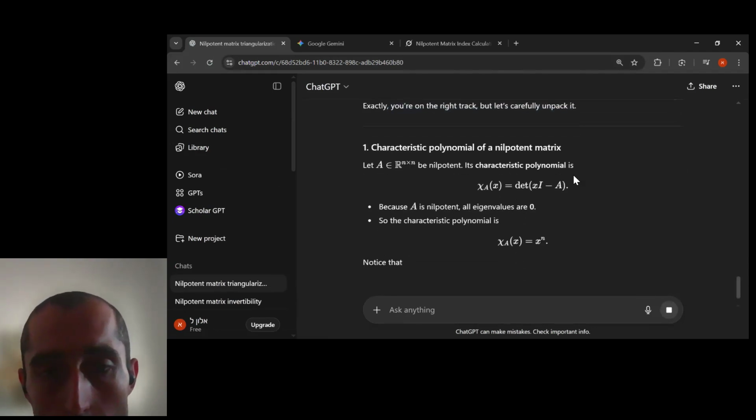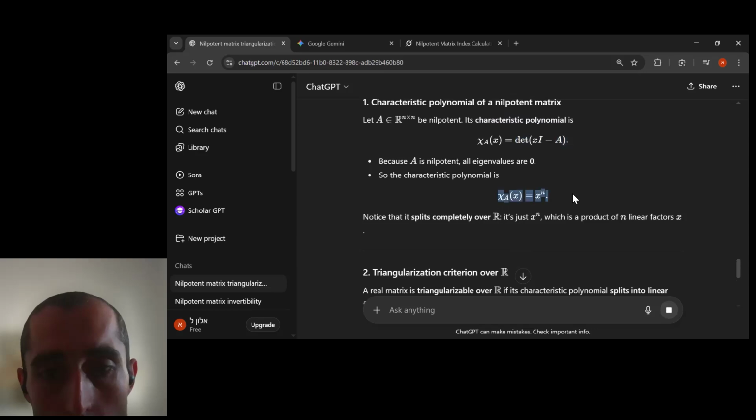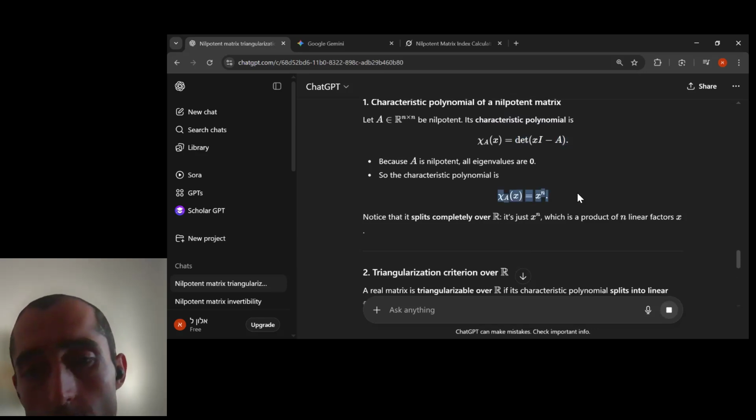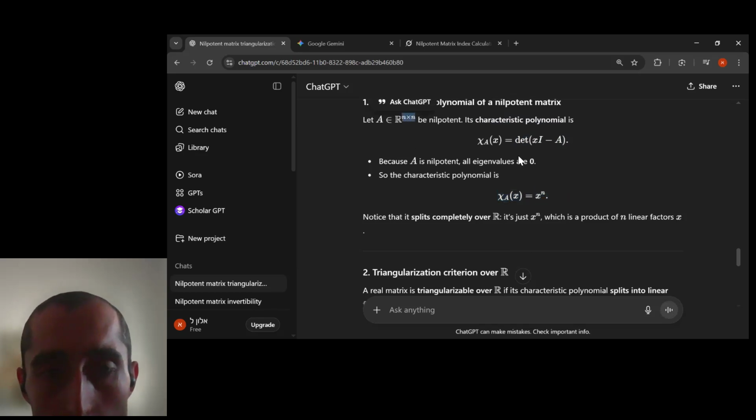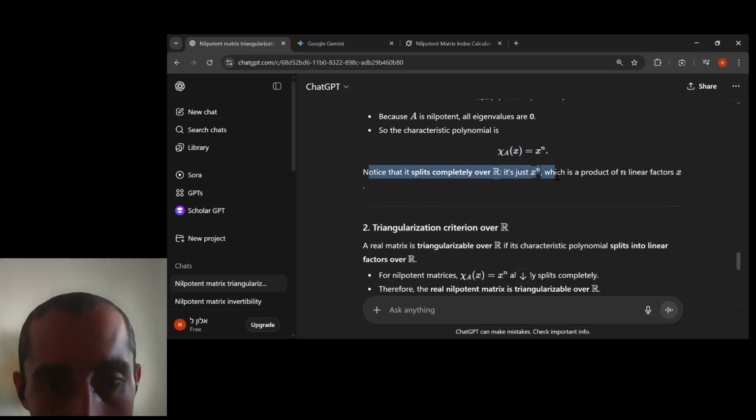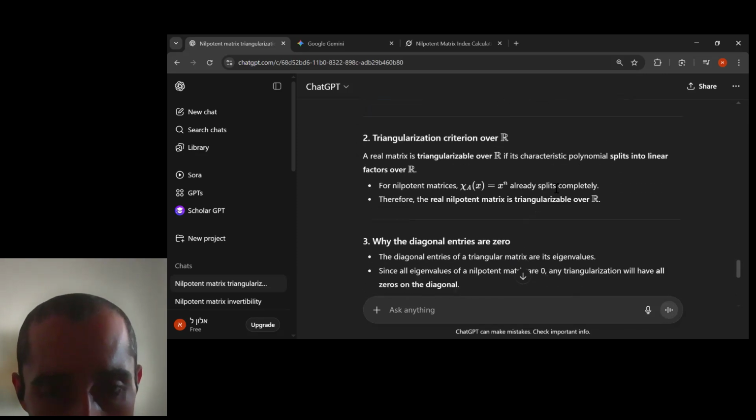Okay. You can see the characteristic polynomial like this, and for a nilpotent matrix, as we said, it's x to the power of n for an n-by-n matrix. It splits completely over R. This is the point.